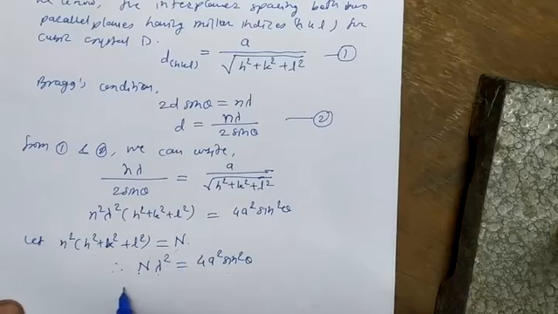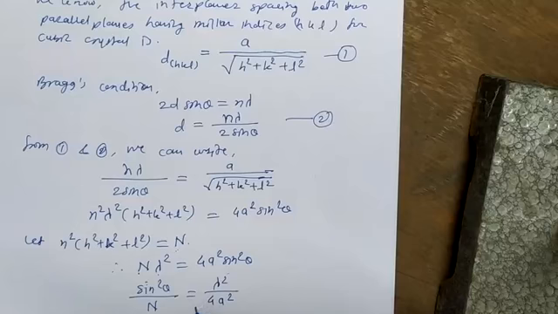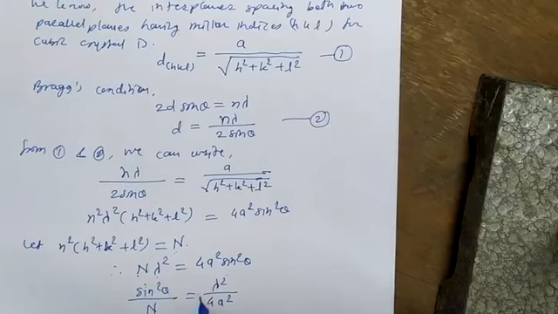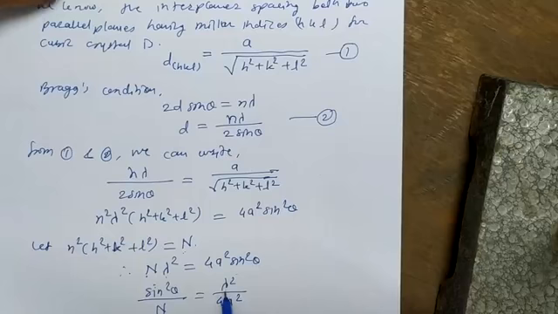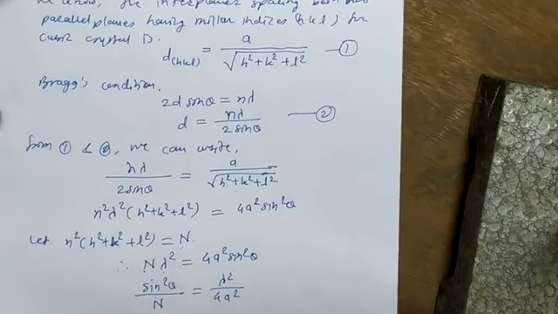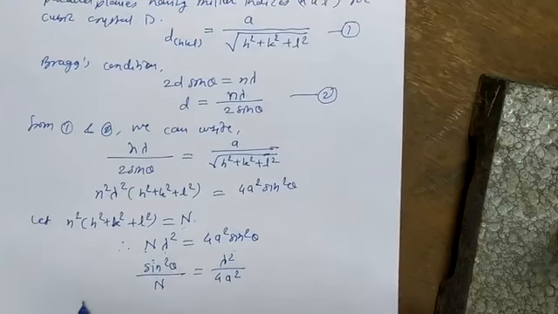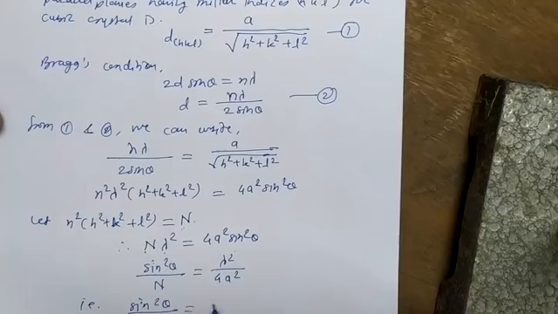If we rearrange this equation, sin square theta upon N equal to lambda square upon 4a square. As we are considering here the powder method in which the x-ray is monochromatic, that means the wavelength is constant. a is the lattice parameter which is constant. Therefore the right hand side of this equation represents a constant quantity. Therefore we can write sin square theta upon N equal to constant.